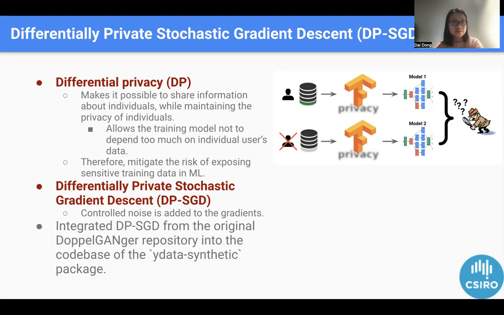In particular, we use differentially private stochastic gradient descent that is provided by the TensorFlow Privacy library. Basically, what it does is control the noise being added to the gradients. And we integrated the DP-SGD from the original DoppelGANger repository into the codebase of the ydata-synthetic package.